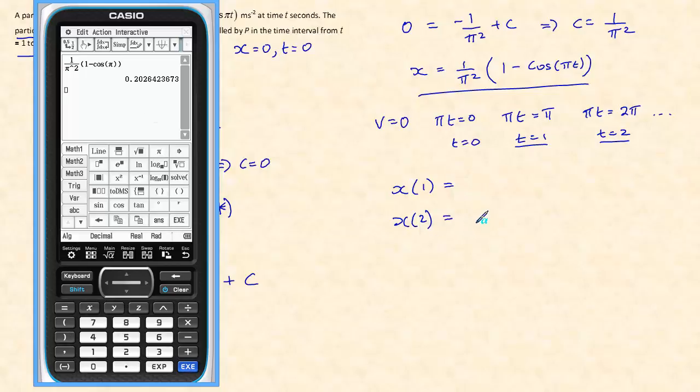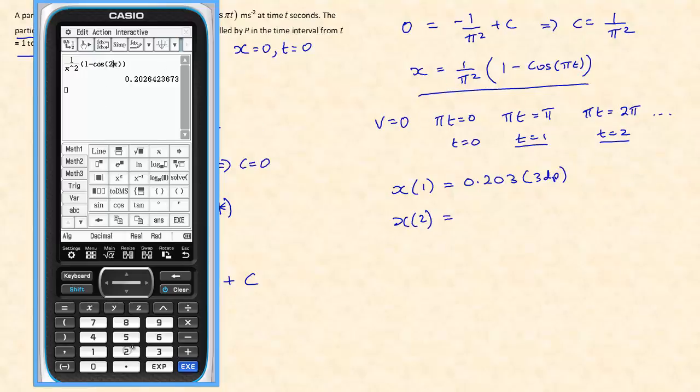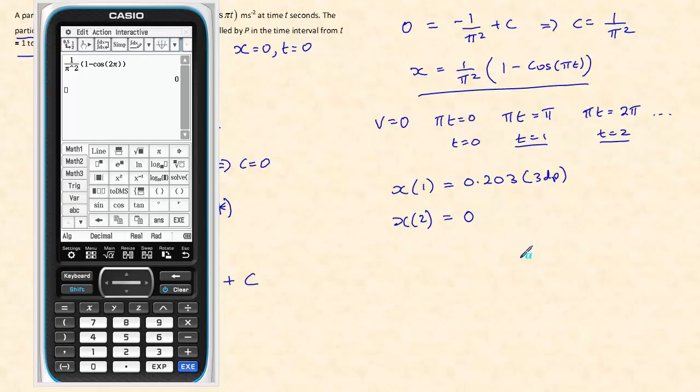So that's going to give me 0.203, correct to 3 decimal places. And then if t is 2, we just need to change this in here to 2 pi. That gives us 0, and so the distance covered is 0.203 meters, correct to 3 decimal places.